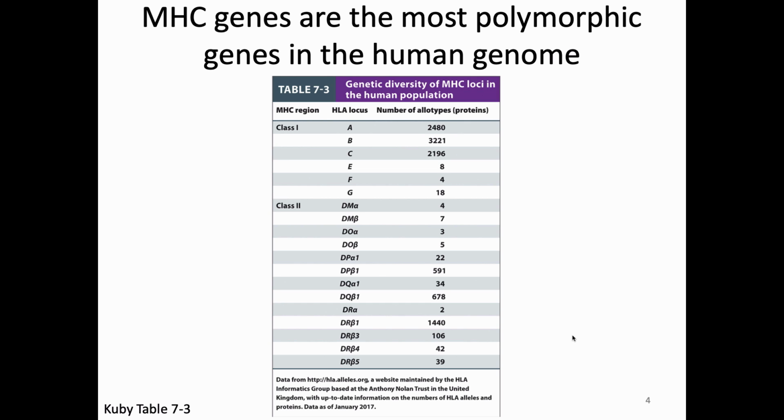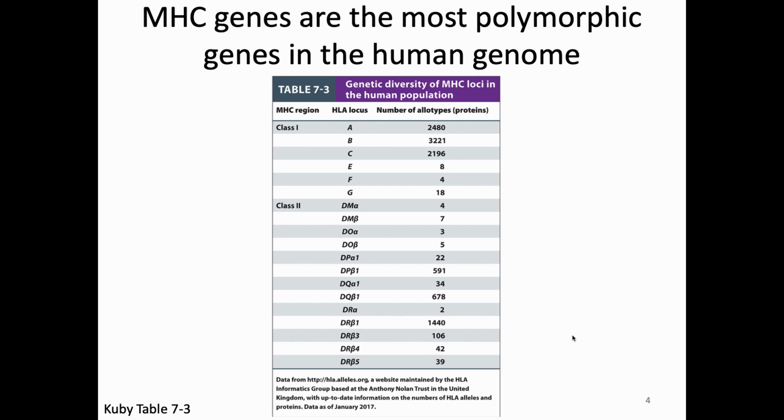So if I were to look at all of your genes, you would each have an HLA-A from your mom, and an HLA-A from your dad, an HLA-B from your mom, a B from your dad, C from your mom, C from your dad. And the way we would name those different alleles or those different versions is with a number. So we might call them A1 or B27 or C15 or something like that.